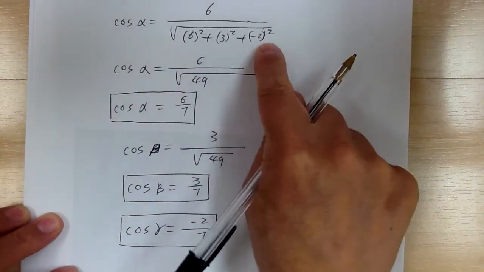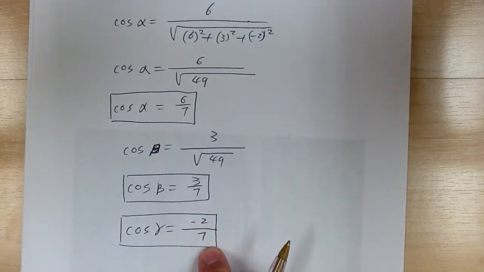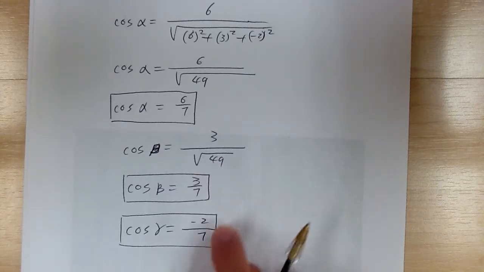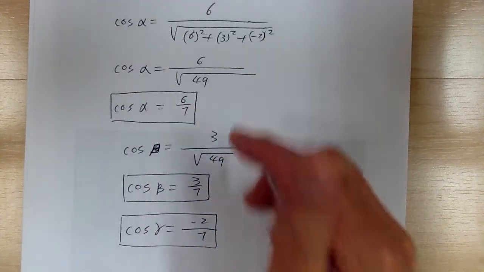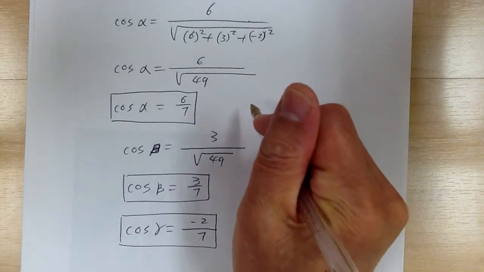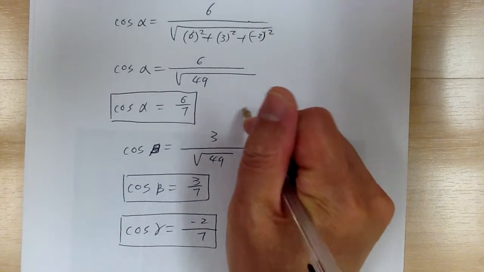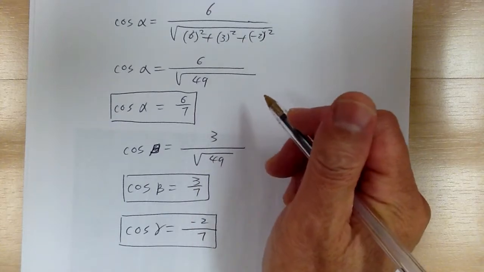So once you find the length, you can just keep it the same. And again, make sure you follow instruction. It asks you to find the direction cosine. So this is a direction cosine. Now, if they ask you for the angle, then you have to go and use your calculator to calculate the angles.